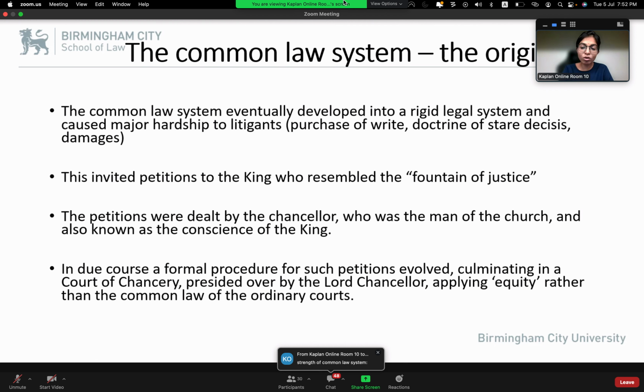So when the same laws were applied to all, there is fairness. There is consistency. Correct? So that's how this was seen as the greatest strength of the common law.